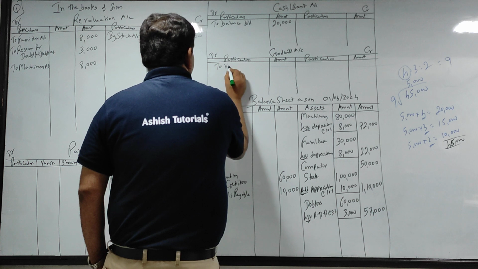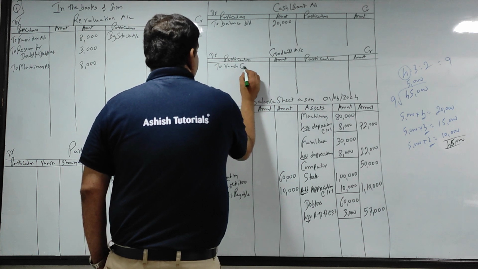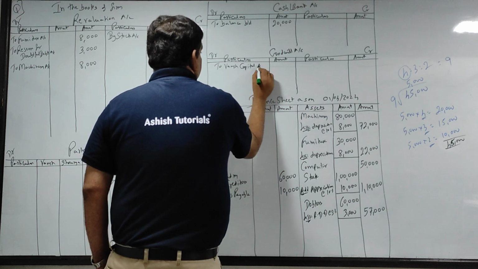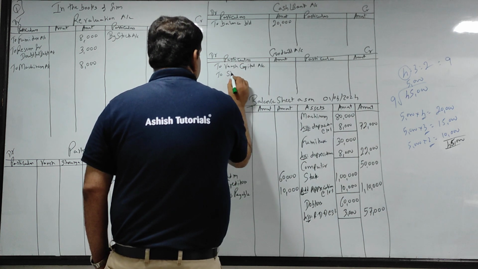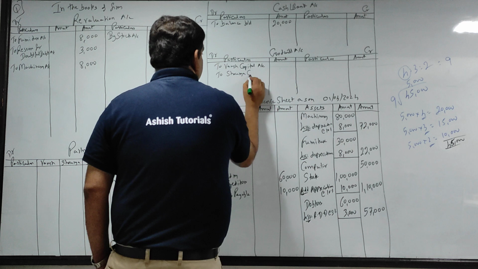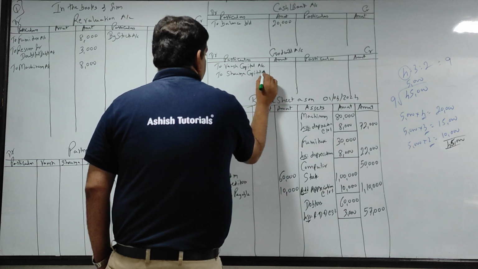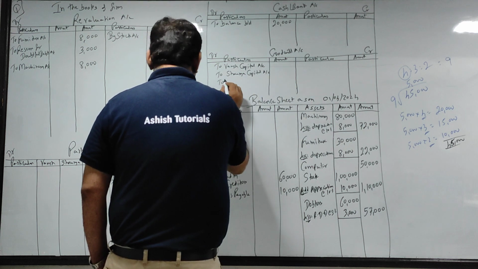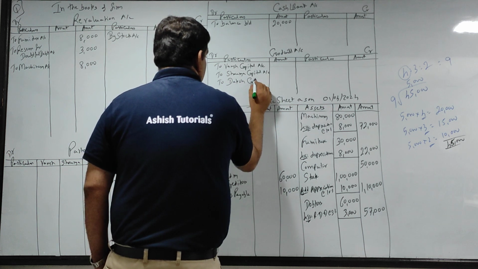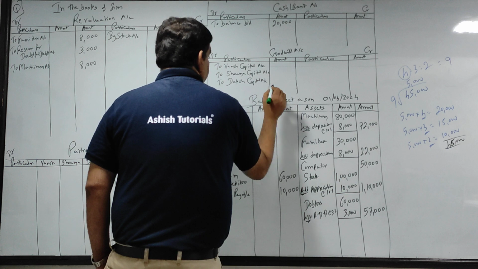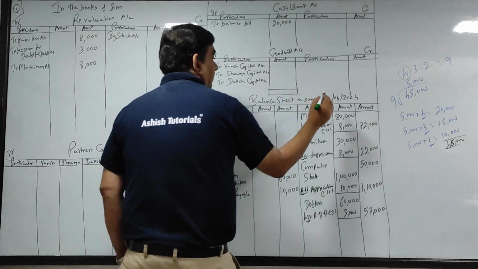गुडविल के डेबिट साइड पे all three partners to Vansh Capital. Let's write the name of all of them first. To Shourya's Capital and to Daksh Capital.